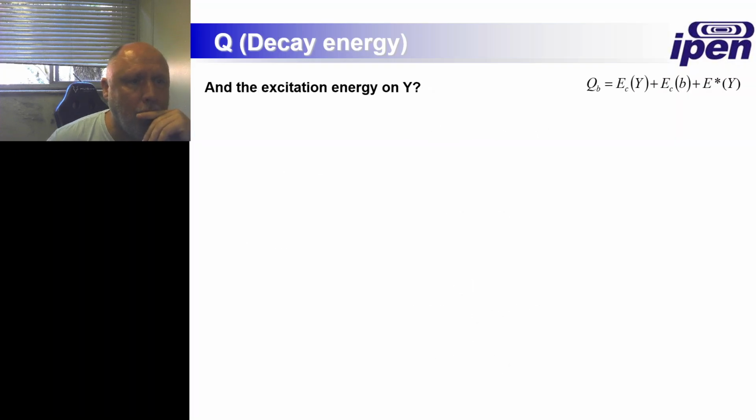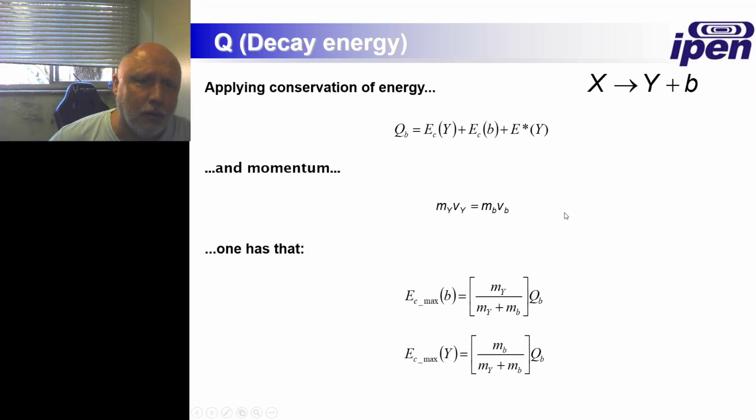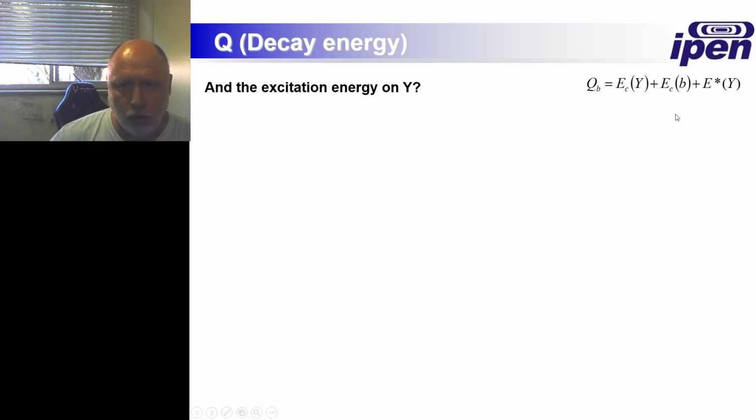Okay, and what happens? I told you, just believe me, a lot of the energy goes to excitation energy on the product nucleus. And what is that? How does it manifest? Do you remember I told you what happens when you have a nucleus in an excited state?